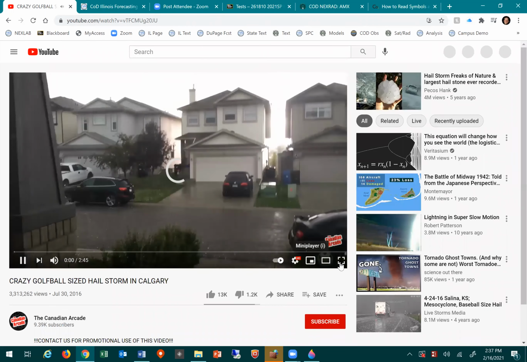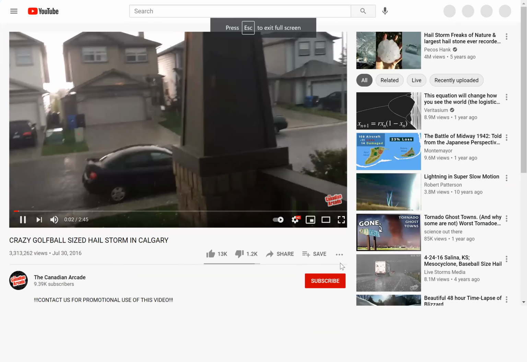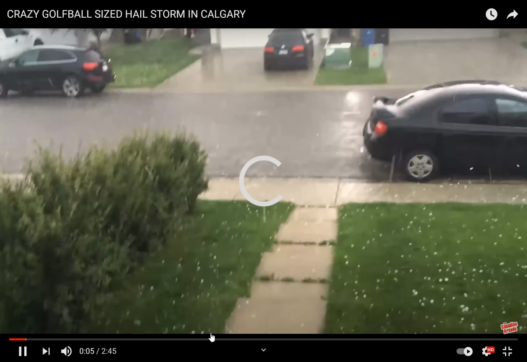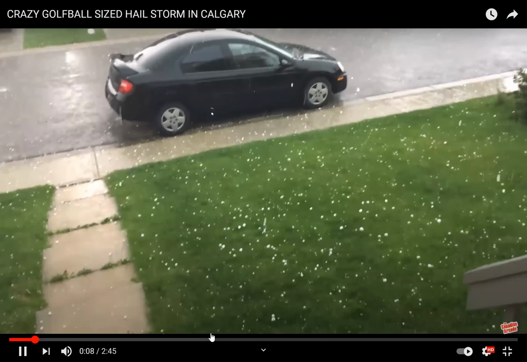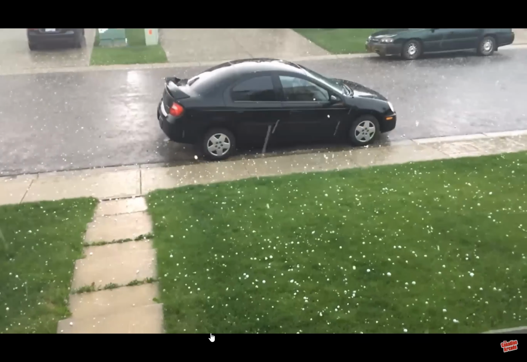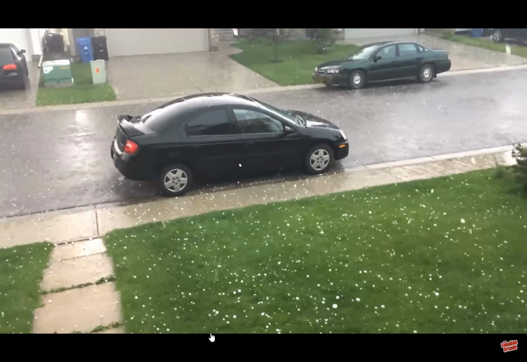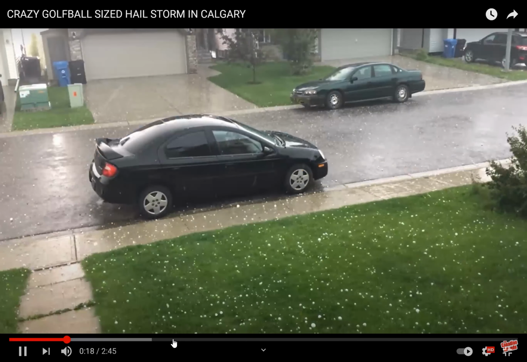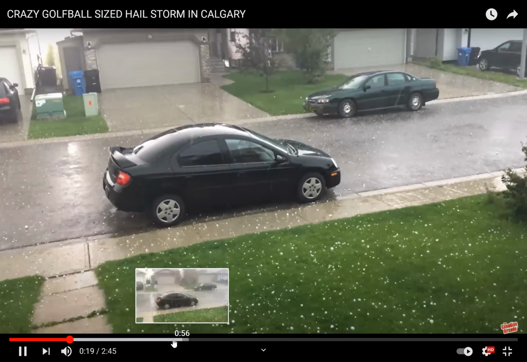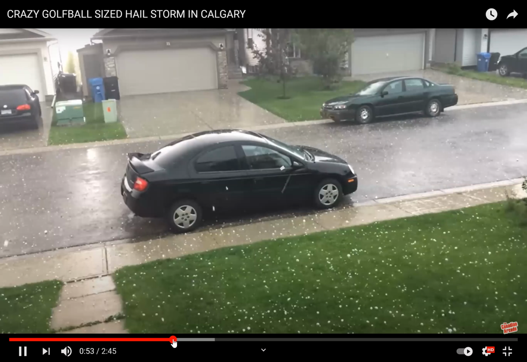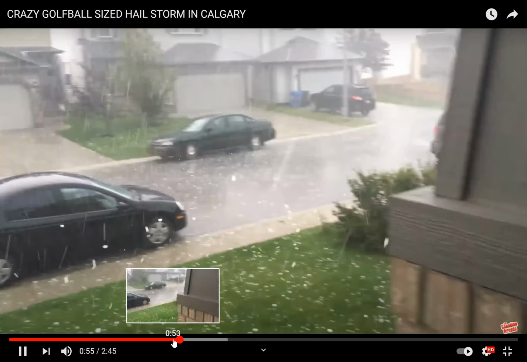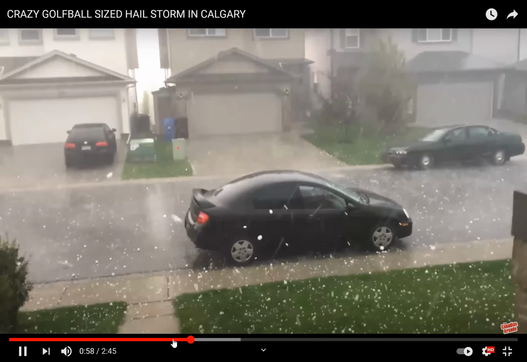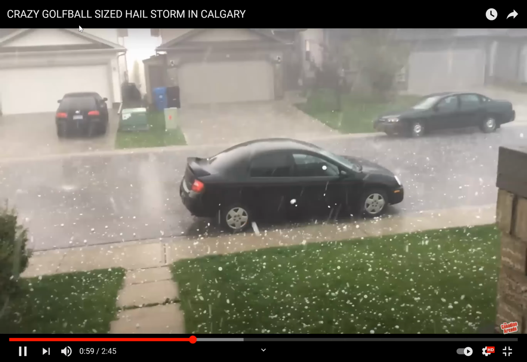Holy shit, man. Some good sized hailstones in that, bouncing around. Yeah, I'm not going to show you any more of that, but you get the idea.